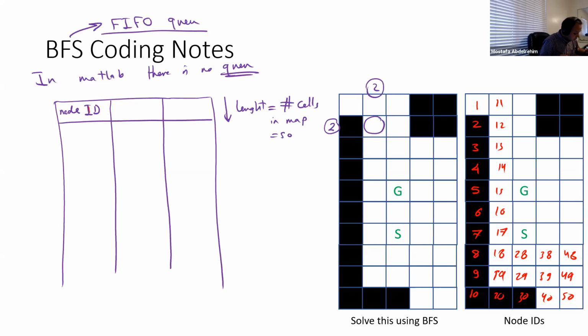The second column will be the distance from start node. Okay, we need the distance because we use this afterwards to determine the shortest path. The last column is the exploration step.